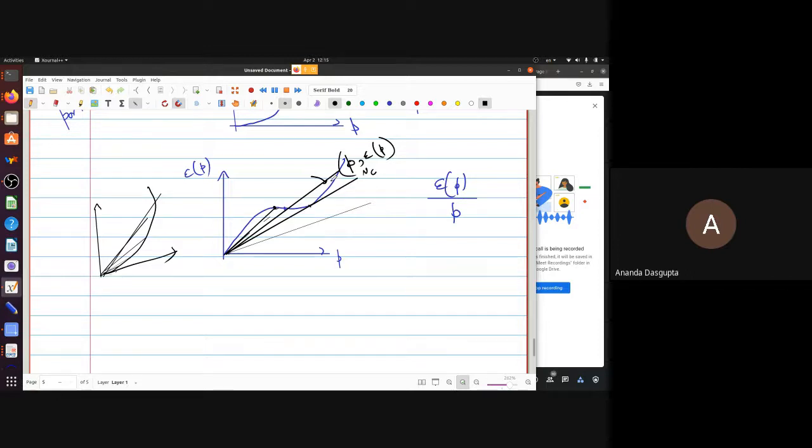After that, it will not. So where it just touches the curve gives you the critical velocity. Right?